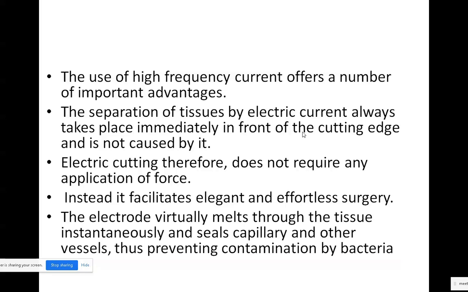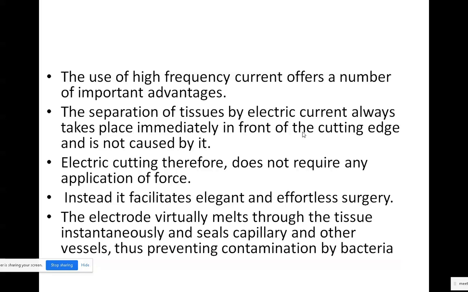Then, electric cutting does not require any application of force. Since we use the high frequency signal, any forces will not be needed during the cutting process. Instead, it facilitates elegant and effortless surgery. So you can achieve elegant and effortless surgery without any cost, that means damage or more effort.